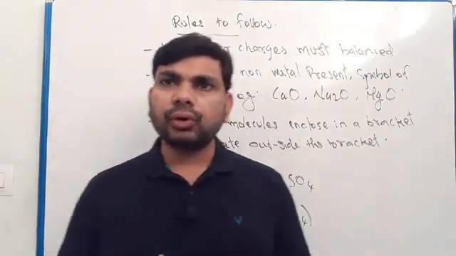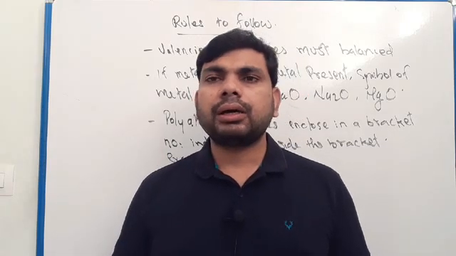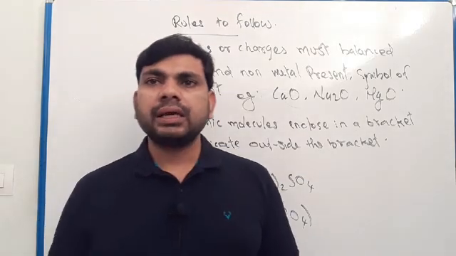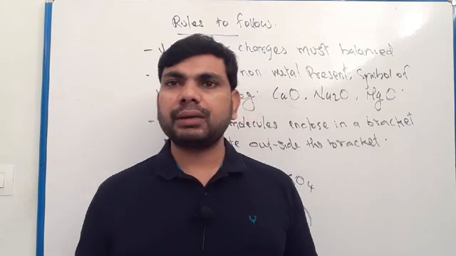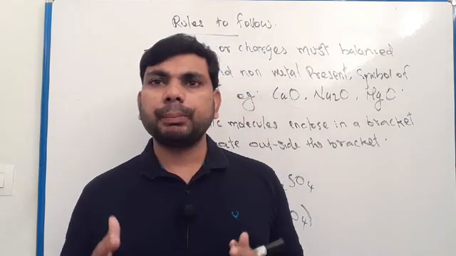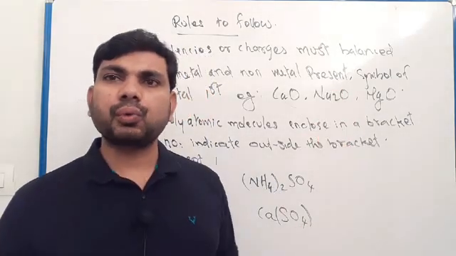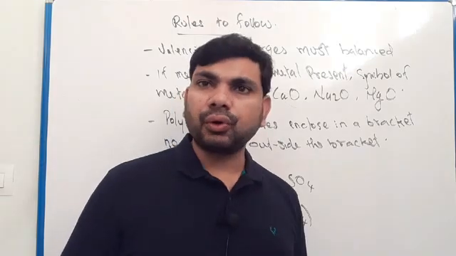Okay, next we have to discuss the rules to follow for writing a chemical formula. We discussed before that we need the symbols of chemical elements and their valency to make a formula. To make a formula we also have to follow these rules. So let us check what the rules are.